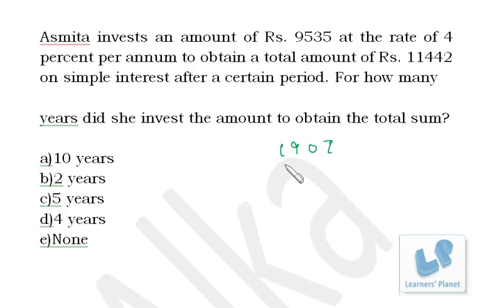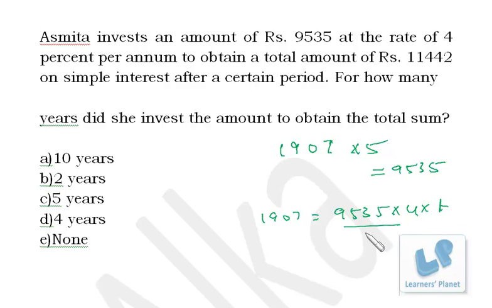Now easily you can see 1907 into 5 is 9535, right? So that will be very easy to solve. So 1907 is equal to 9535, that is P, into R which is 4, into T which we have to find out, by 100, right? So time is 5 years, right?